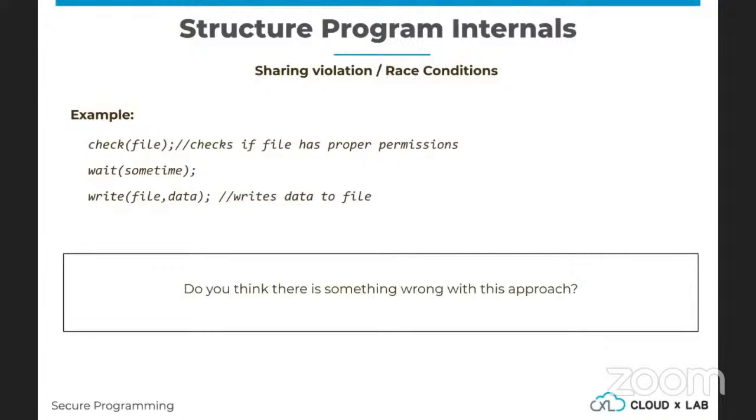First you did the check that the file exists and has proper permission, and then you waited for some time, maybe a millisecond or a second, and then you wrote the data to the file. Do you think there is something wrong with this approach? Yes?